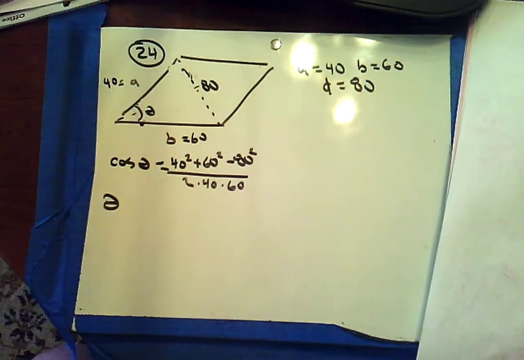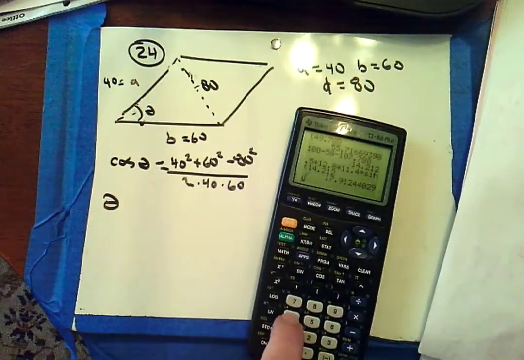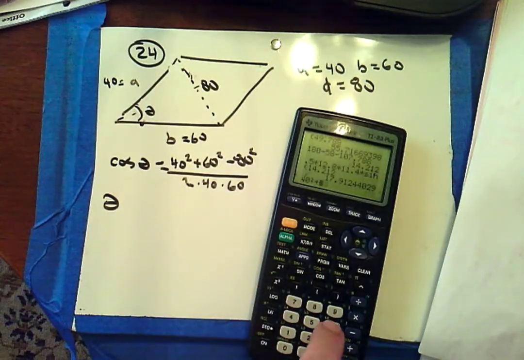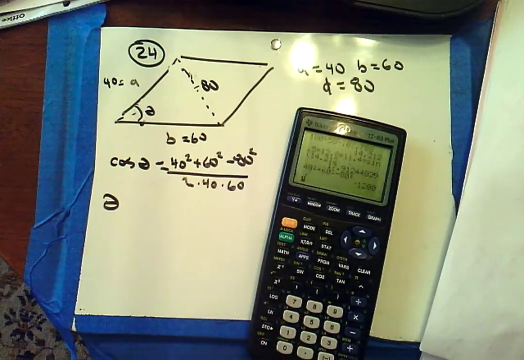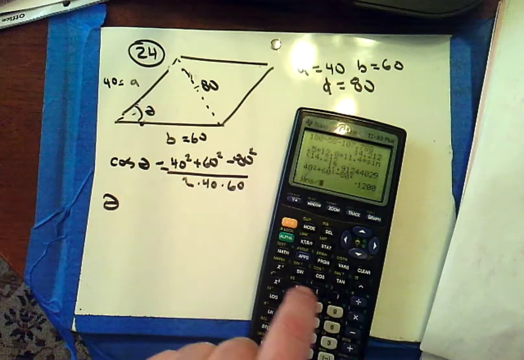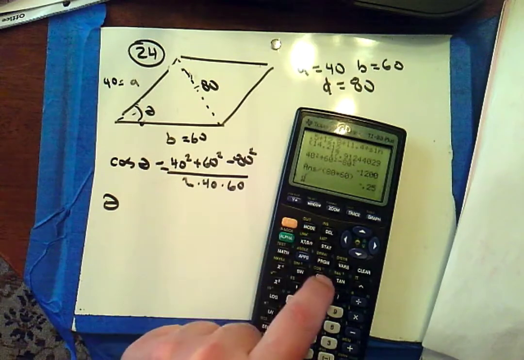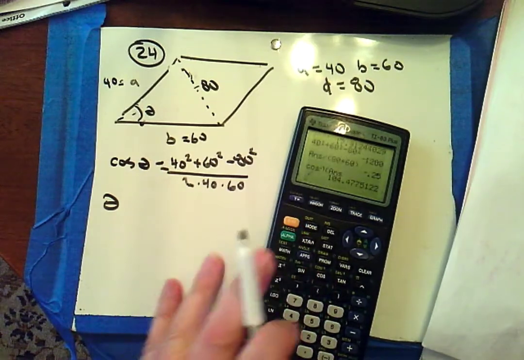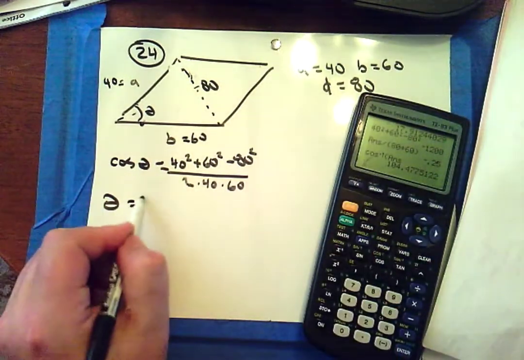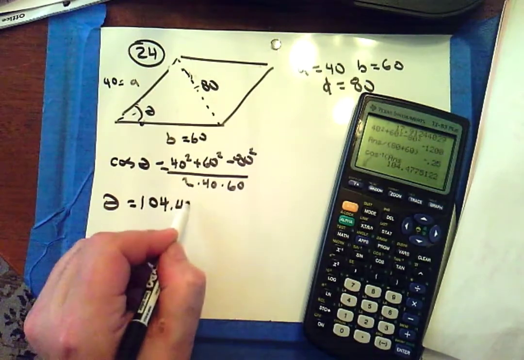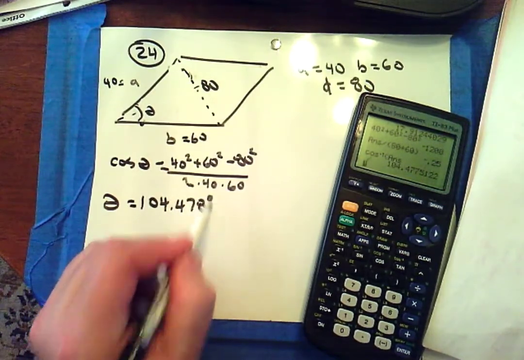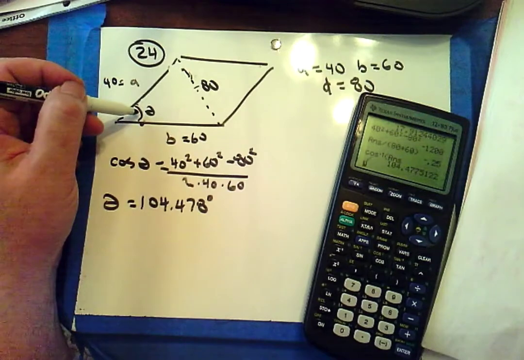So let's find out how big theta is. 40 squared plus 60 squared minus 80 squared, and I want to divide that by 80 times 60. And I take the inverse cosine there, and I get that theta equals 104.478 degrees. That's how big this angle is.